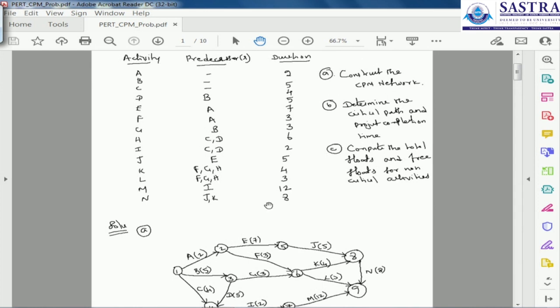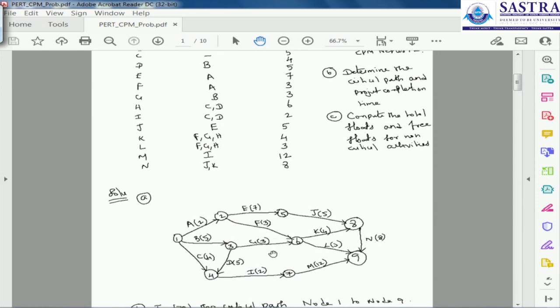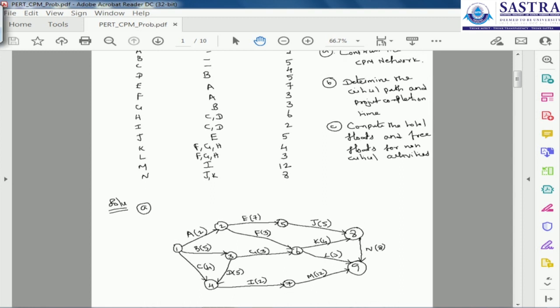Then from 1 to 3 is activity B, with duration 5. Then activity C goes from node 1 to node 4, with duration 4, so C of 4. So we are drawing three activities simultaneously.